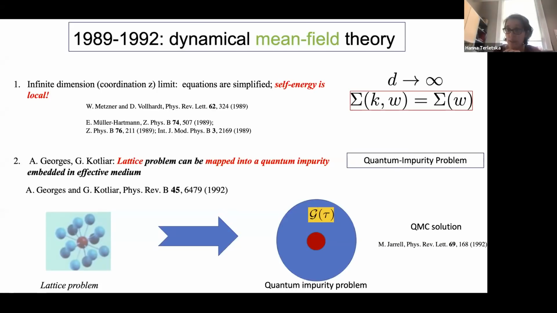So that was a big breakthrough at that time. And then Krauth also contributed to solving this quantum impurity problem using the quantum Monte Carlo method.